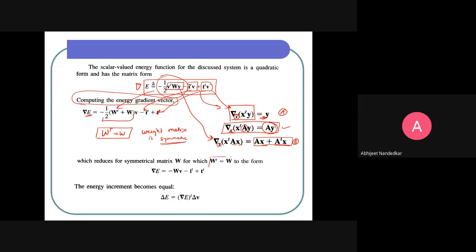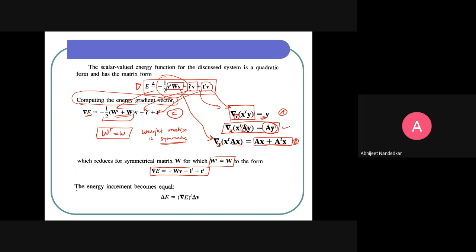So if I put this in equation C, then I get the gradient of energy with respect to V like this. So this W transpose is equal to W, so this will be twice W, and this half will get cancelled out. Okay, so this equation is now minus WV minus I transpose plus T transpose. Now this is the gradient of energy.